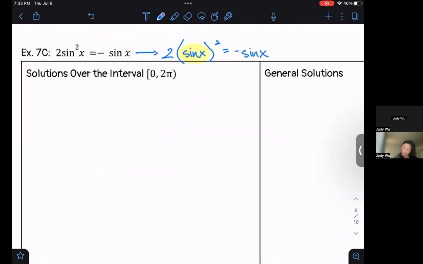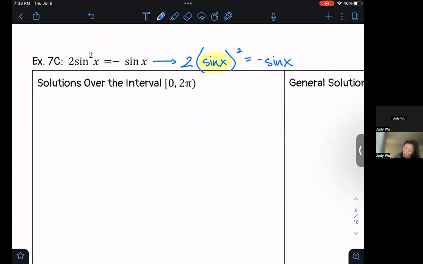All right, so I'm going to go ahead and do the specific solutions first, because I have just x. I don't have like 2x like the last video or 7x, just have x. So we're going to do the solutions over the one time around the unit circle first. So 2 sine squared x plus sine x equals 0.